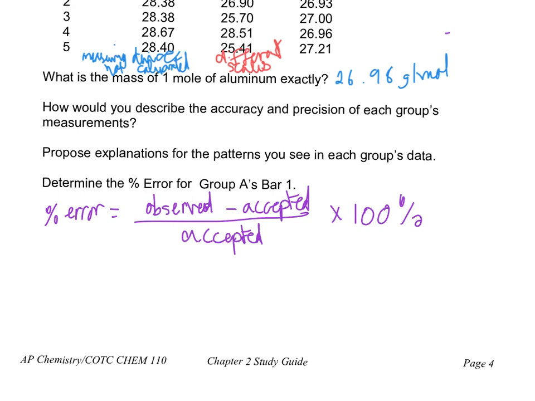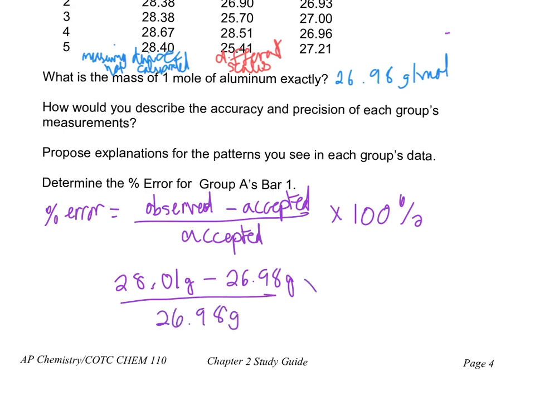So for group A, bar 1, their value is 28.01 grams, minus the accepted 26.98 grams, divided by the accepted 26.98 grams, and then times 100%. And you do not need to record the absolute value.